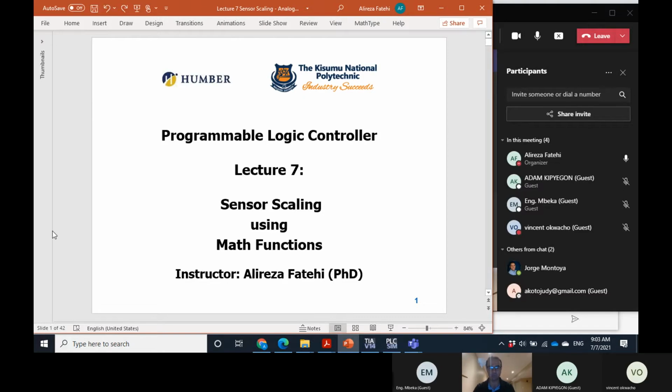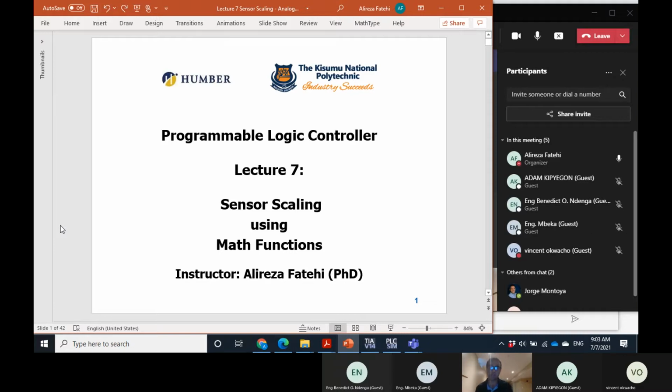Okay, if there's not any question right now, let's start lecture 7 regarding sensor scaling using math functions. In this lecture, first we study what analog signals are and what we mean by sensor scaling.